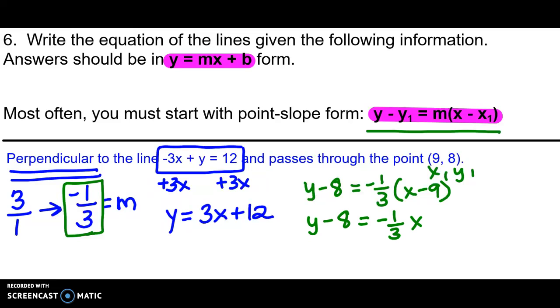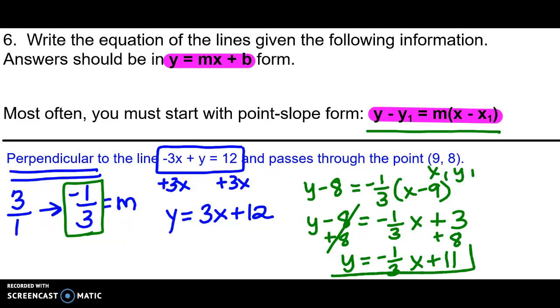And when we multiply negative 1/3 times negative 9, that's positive 3. And we isolate that y by adding 8 to both sides of our equation. Those 8's cancel. And we are left with negative 1/3 x plus 11. That one is a little tricky. I would go back and practice that a couple times.